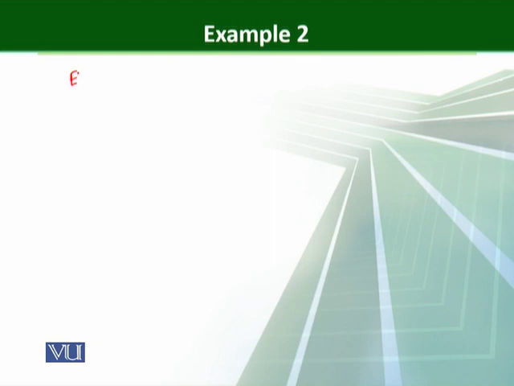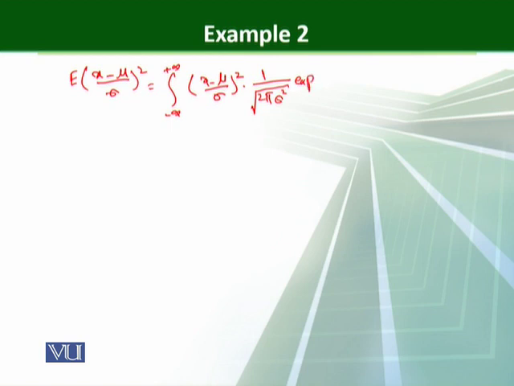I will do one, and the other one you can find on the same line. The expected value of ((x minus mu) over sigma) whole square is the integral from minus infinity to plus infinity of ((x minus mu) over sigma) whole square into 1 over square root of 2 pi sigma square, exponential of minus (x minus mu) square over 2 sigma square, dx.